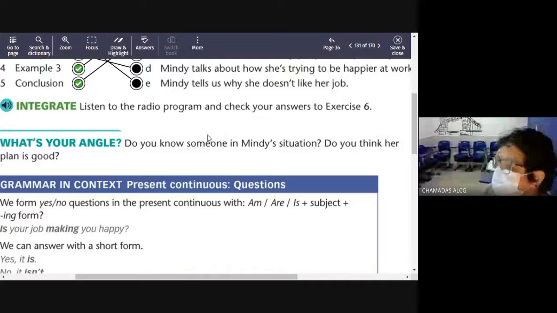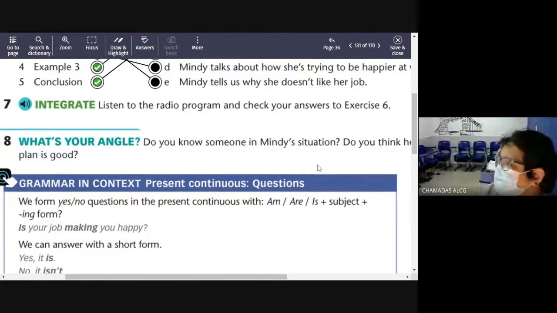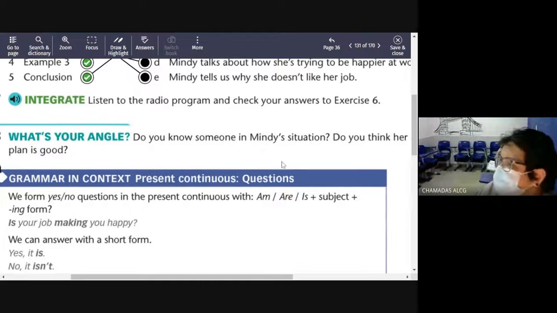Now, do you know someone in Mindy's situation? And do you think her plan is good? So is there anyone in her situation that you know? A person who doesn't like her job or his job and is thinking of doing something else in the future?